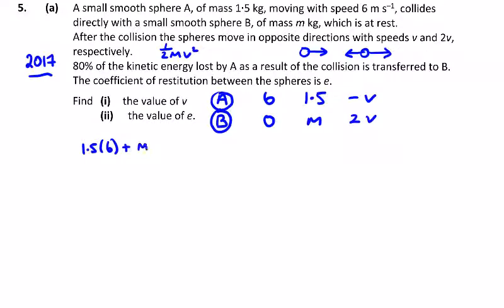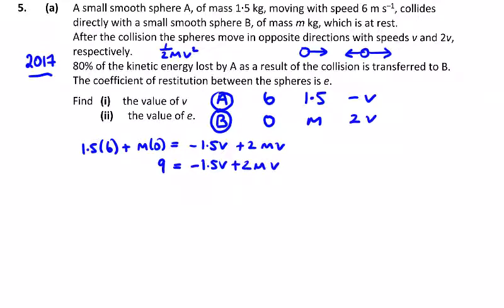plus m times 0 is equal to minus 1.5v plus 2mv. So 6 times 1.5 is 9, equal to minus 1.5v plus 2mv.